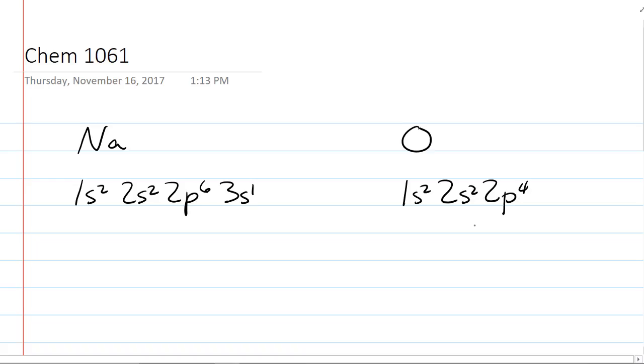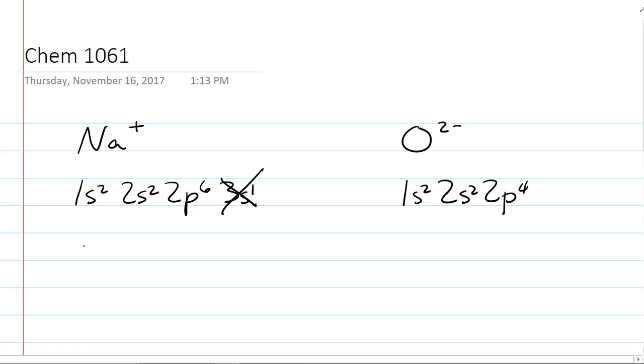Because now, if we want to write out the configuration for the ions, let's go to the sodium ion and the oxide ion. What does it mean if we have a positive charge? Have we gained or lost electrons? We've lost electrons. That means we lose one electron, and this becomes the electron configuration for the sodium ion.